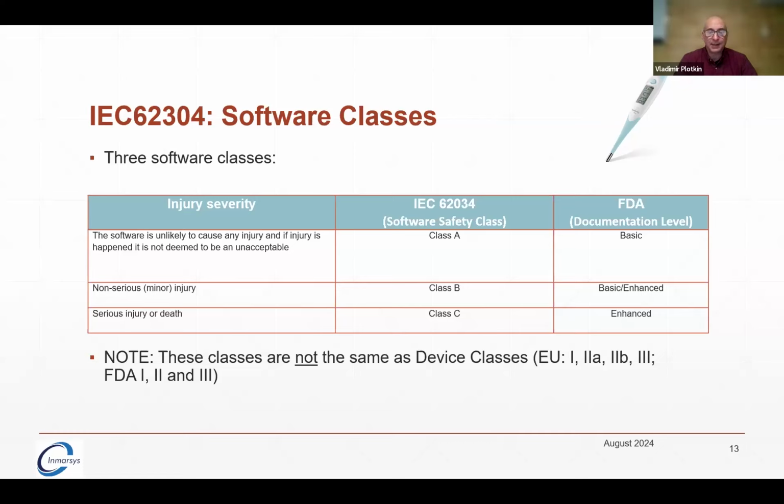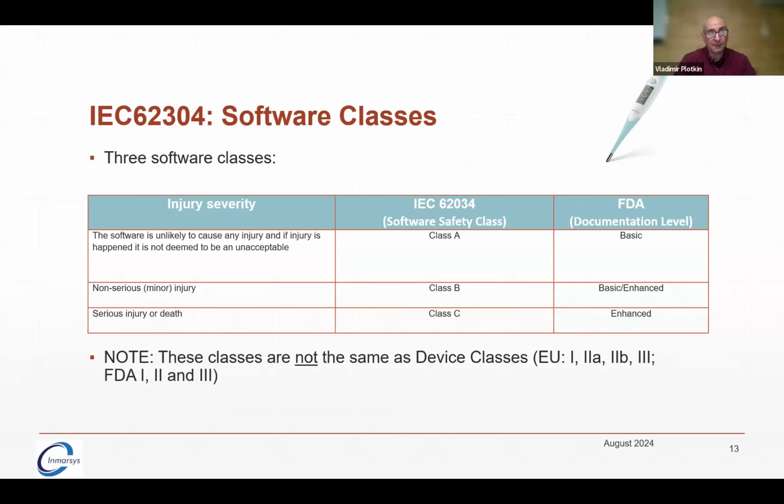If this thermometer is so sophisticated that it can measure temperature and immediately give you diagnostic information, say you've got a flu, then it can be class C. Again, unless the IFU says it's for use by medical professionals only and responsibility for the diagnosis lies with the medical professional. So it's all pretty much in the instructions for use and intended use of the device.